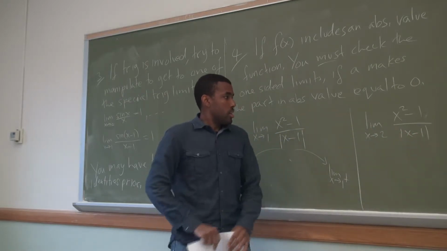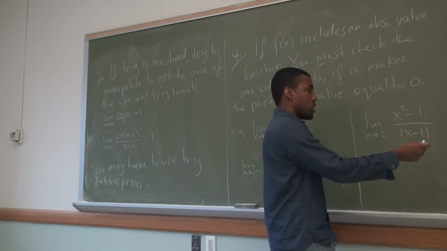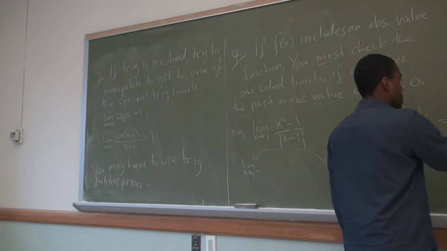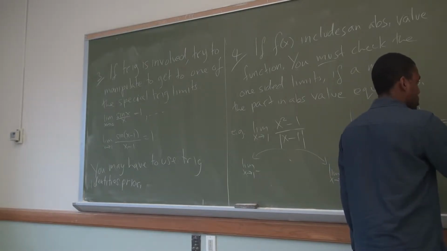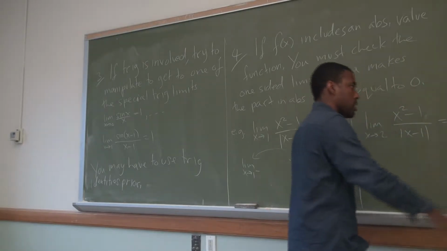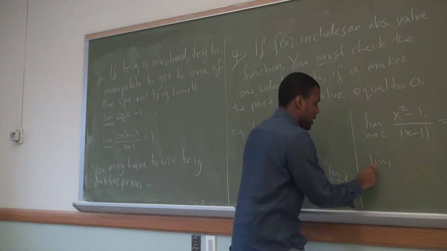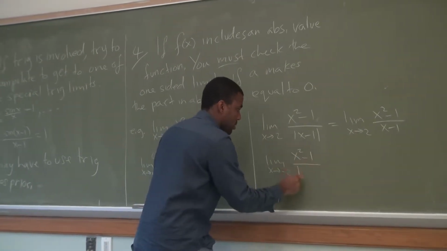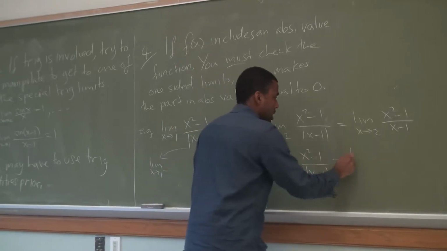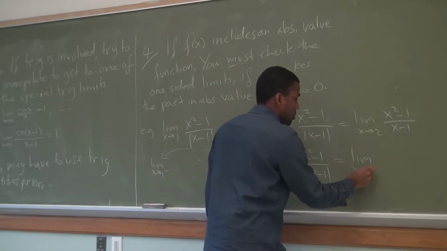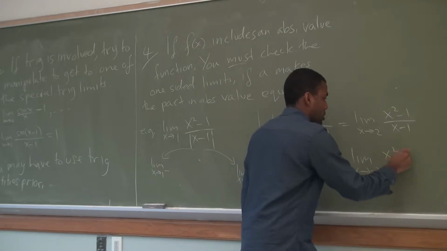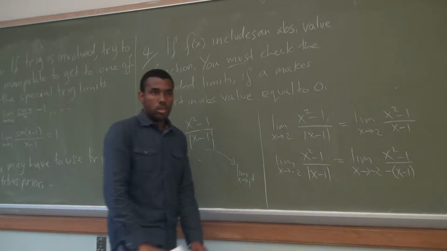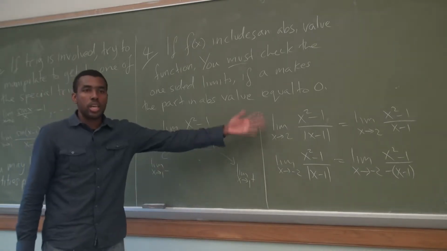So here I'd only need one side. I would just realize that this is the limit as x approaches 2 of x squared minus 1 over x minus 1 and find that limit. Or if x is approaching minus 2, then I know I just equate this to x squared minus 1 over minus x. But I won't have to check both sides.